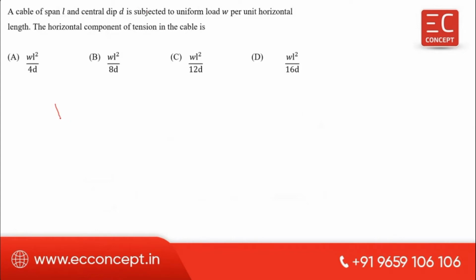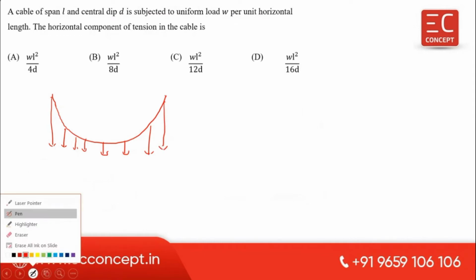See, there was a cable, span L and dip, subjected to uniformly distributed load per unit horizontal length. So it is subjected to a load in the horizontal length. So that I can mark this.